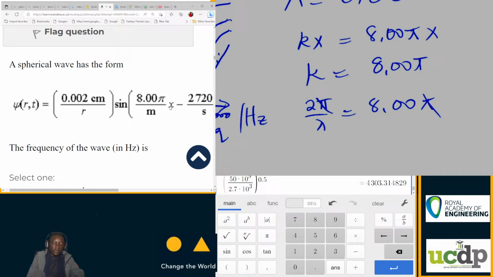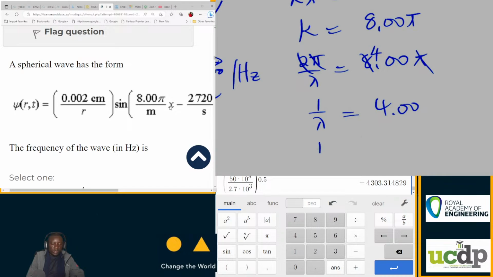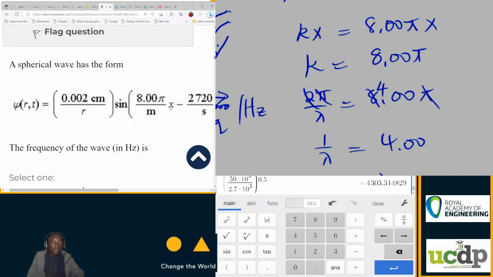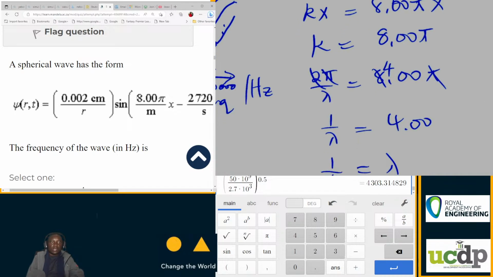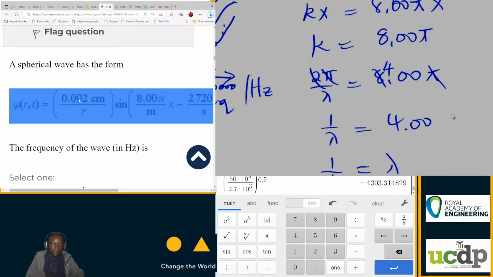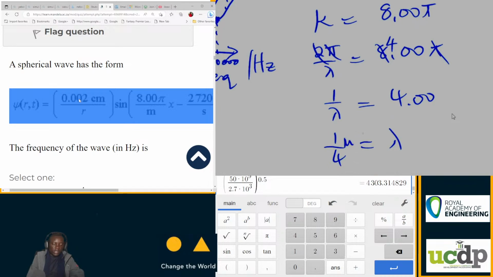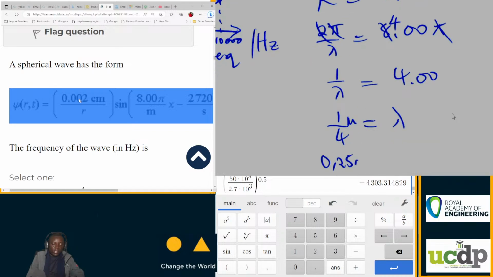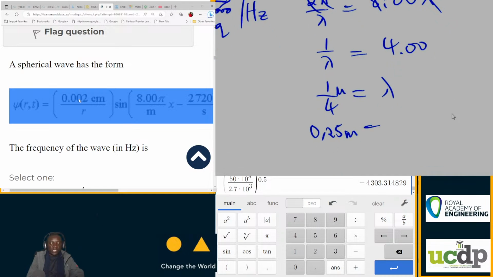If we divide by pi everywhere and by 2 everywhere, we've got 1 over lambda equal to 4.00. So that means lambda is 1 over 4. And remember, this was in meters. The meters is already shown here. So this is a quarter of a meter, which is 25 centimeters, or 0.25 meters, is lambda.